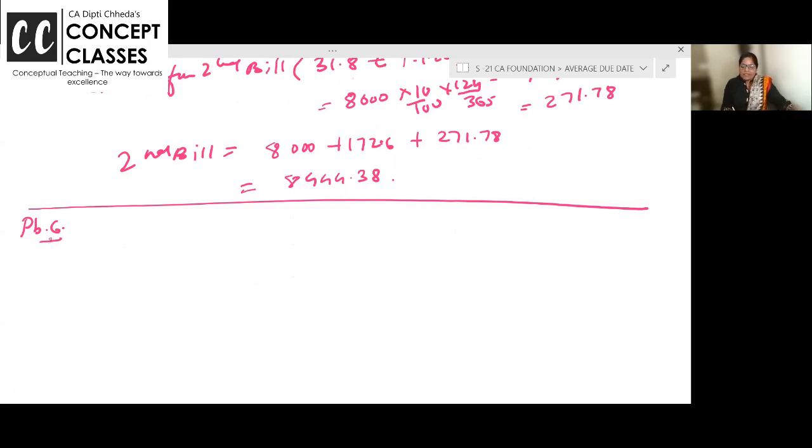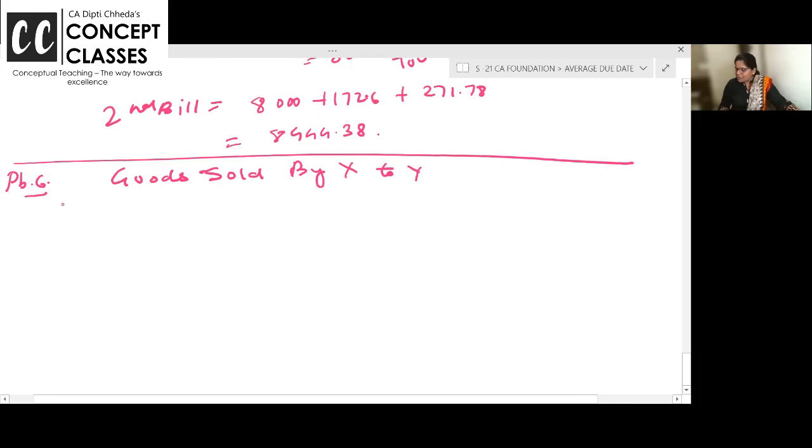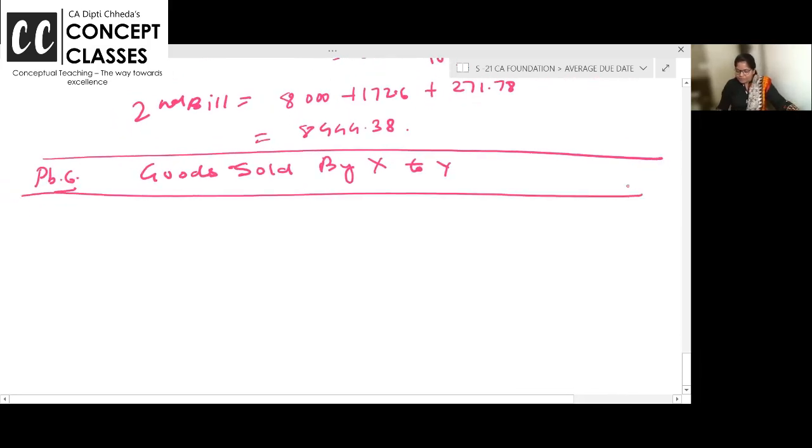First, let us see the due date for the first. How many days are they allowing? They have said 1 month's credit period. And there are not going to be any grace days because this is not a negotiable instrument. Clear to all of you? So first we'll calculate from goods sold by X to Y. Make a table quickly with me, all of you.